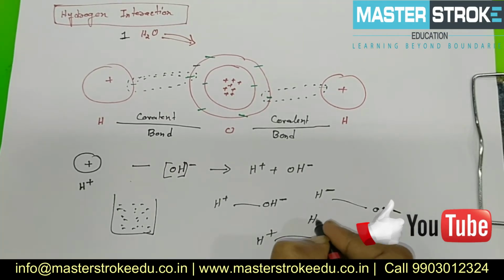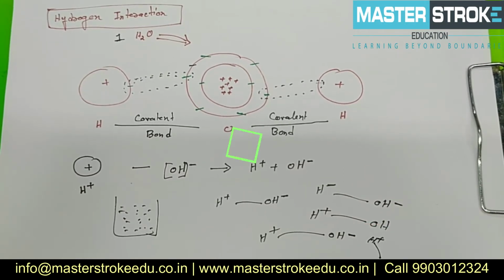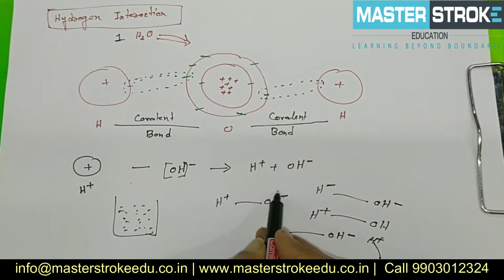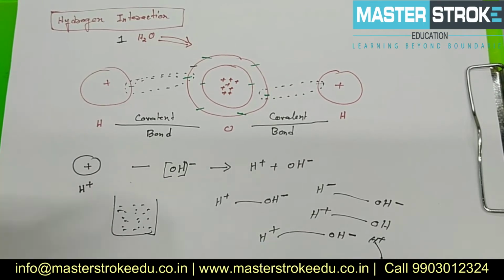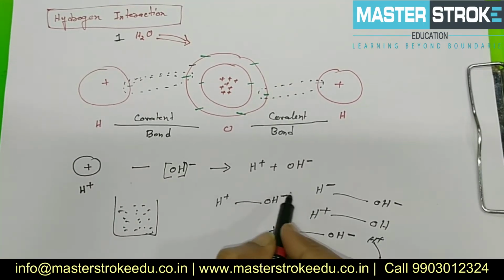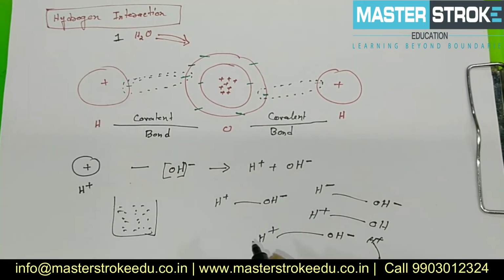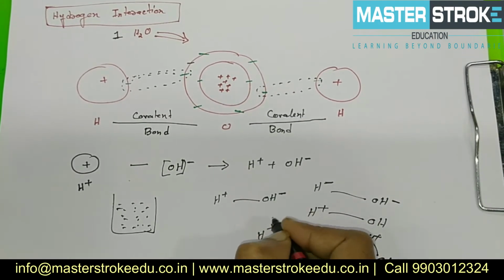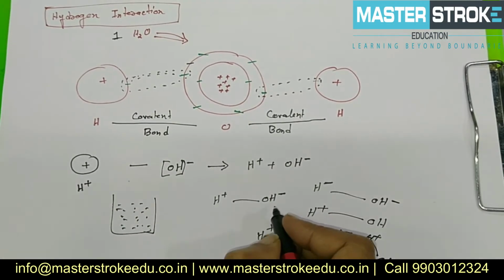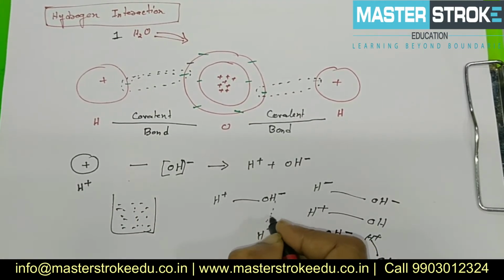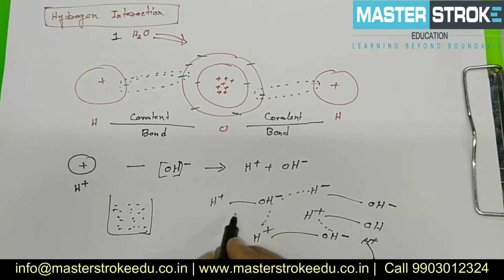This type of interaction is everywhere. Between H and OH there is a covalent bond, forget about it. But this is one water molecule and this is another water molecule. There must be interaction between the opposite charges. The H plus of another water molecule interacts with the previous water molecule's OH minus. So this is the interaction between them.